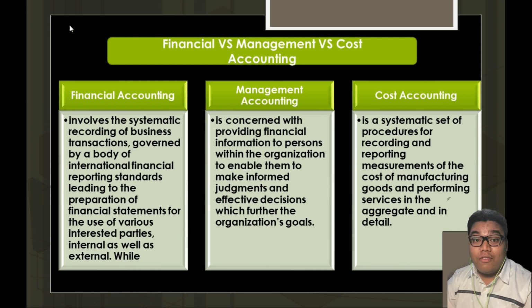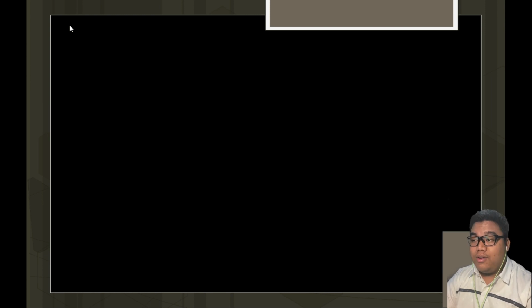There are certain areas of cost accounting where they are concerned with financial accounting, while certain areas are concerned with management accounting. The cost information that we acquire from cost accounting is relevant across all fields of accounting.